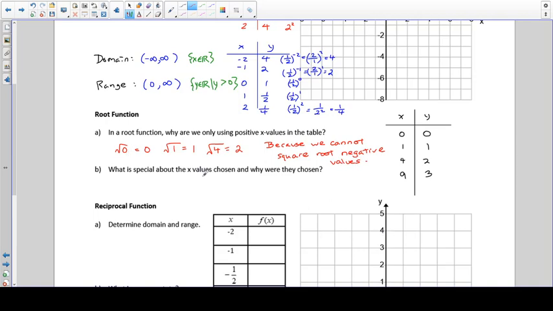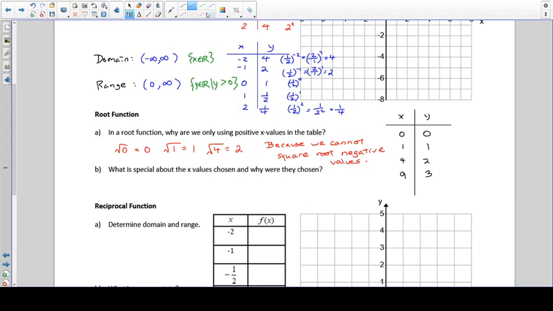All right, what is so special about the x values chosen and why were they chosen? In case you haven't noticed, I went from 0, 1, and then jumped to 4, and then jumped to 9. There is a reason for that, because when I choose my x values, I want to work out the y values easier. If I chose square root of 2, that would give me a decimal, and that's difficult and time consuming for me to pick up a calculator and punch it in when I simply just want a sketch of a graph. So that's the reason why I chose these numbers, because these are perfect squares.